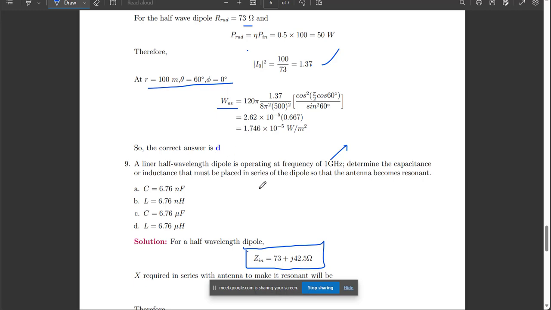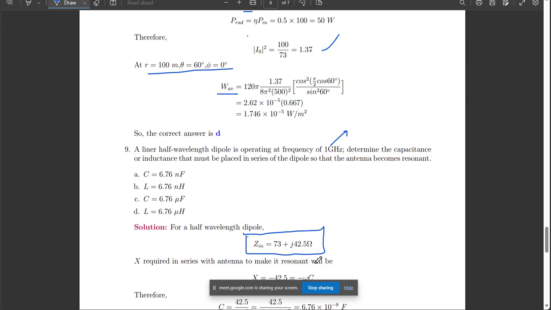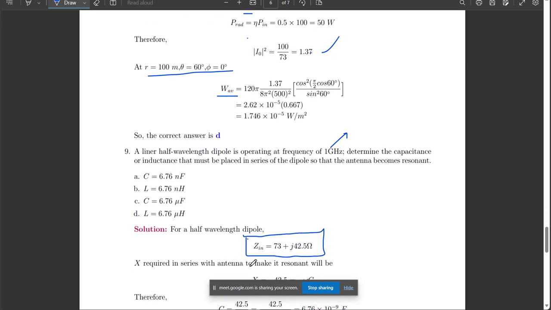For a resonant antenna, we know that it won't have any reactance term. It will just have a resistance term. Here we know that the input impedance of the half wavelength dipole is 73 plus j 42.5.